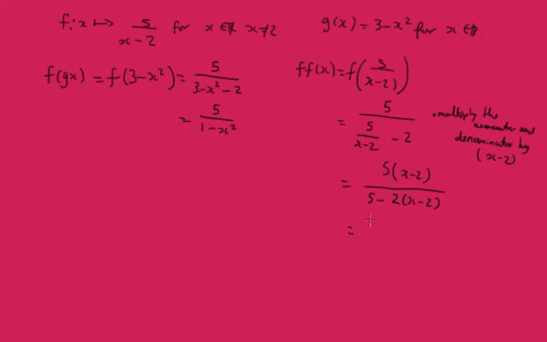Let's expand all these brackets out, so it's going to be 5x minus 10 over 5 minus 2x minus 4, which will be 5x minus 10 over 5 minus 4 is 1, wait a minute, plus, so it's going to be 9 minus 2x.